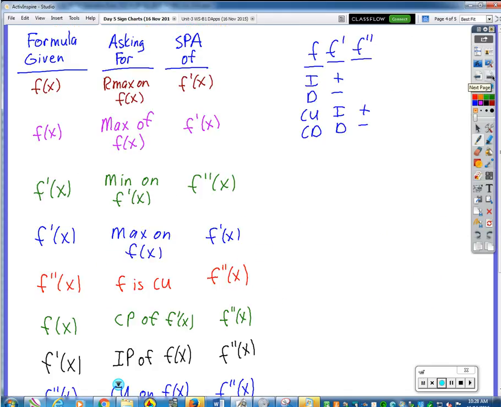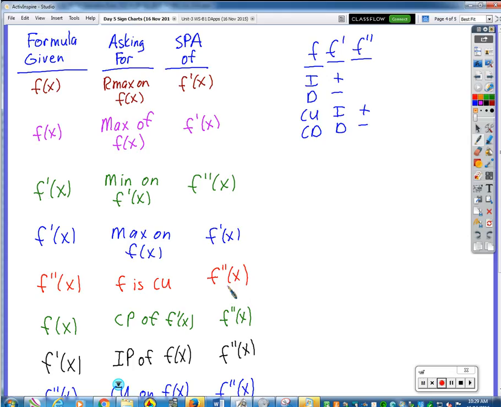That's what this was for, Langdon. On the test, you're going to get a problem where they give you some formula for F prime, and they say, hey, where does F prime have its minimum? You say, oh, wait a minute, I got to do the sign chart for F double prime. Or you might get a problem where they give you F double prime and ask where F is concave up, so you do the sign chart of that F double prime. That sort of thing is what's going to happen.